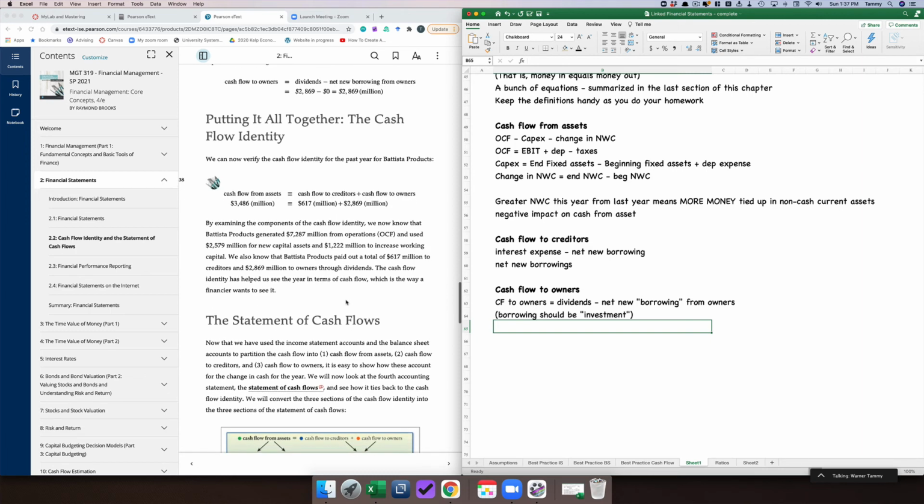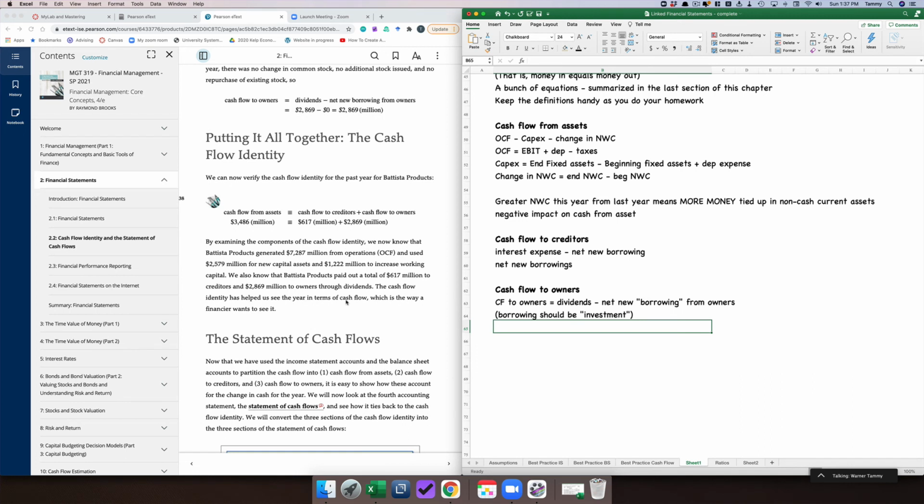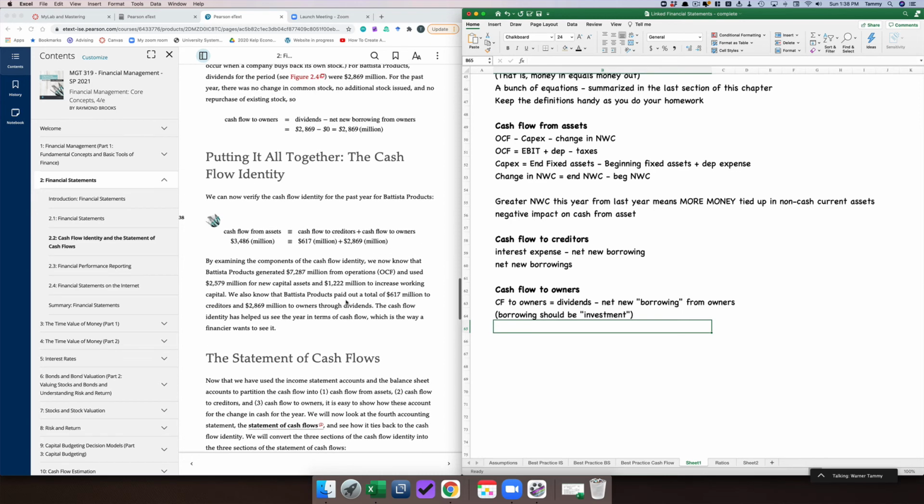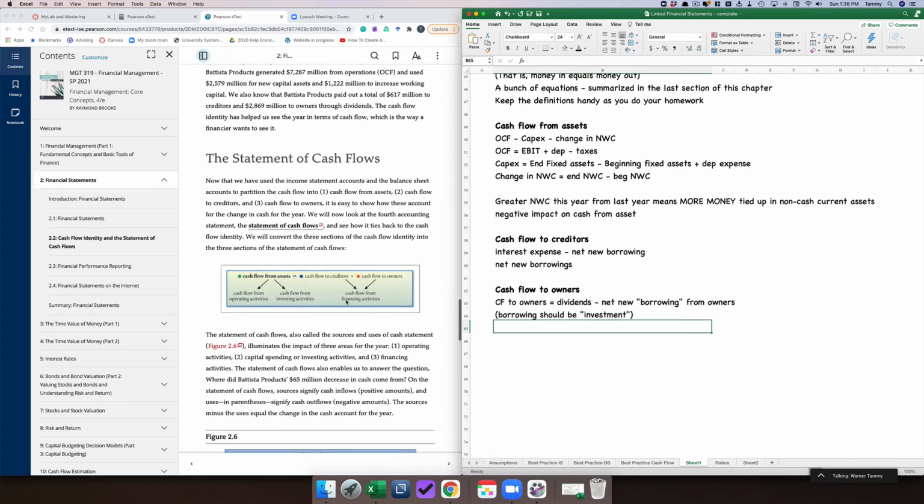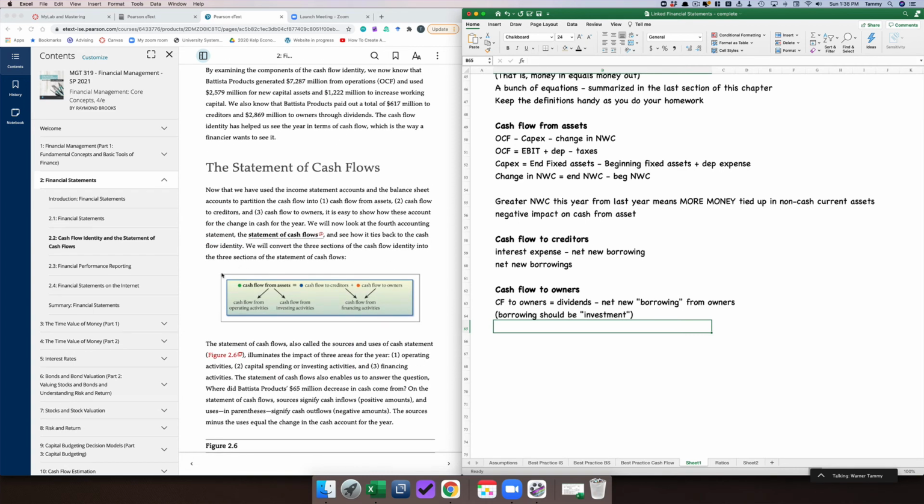And so what this allows us to do is see what's going on with the cash flow of the operation, and again, in a somewhat different way than just in our financial statement of cash flows. And so here is the relationship between this thought process of our cash flows from assets and our cash flows to owners and creditors, right?